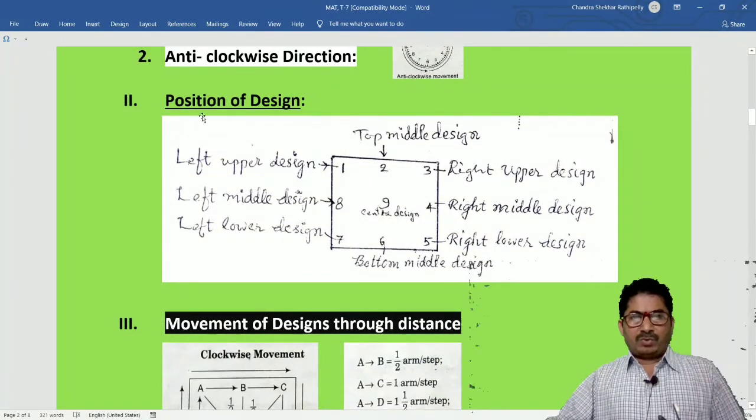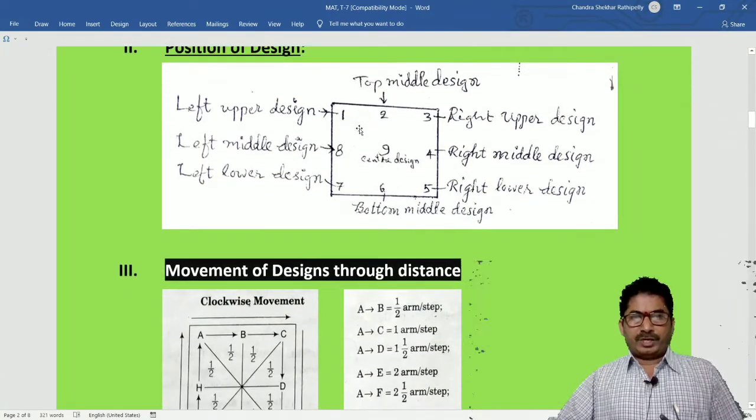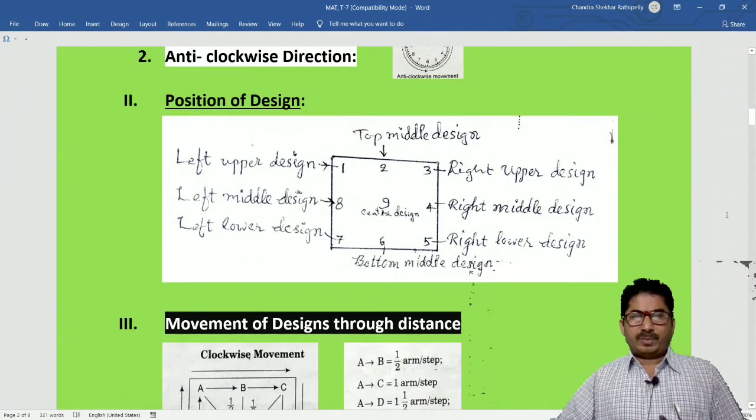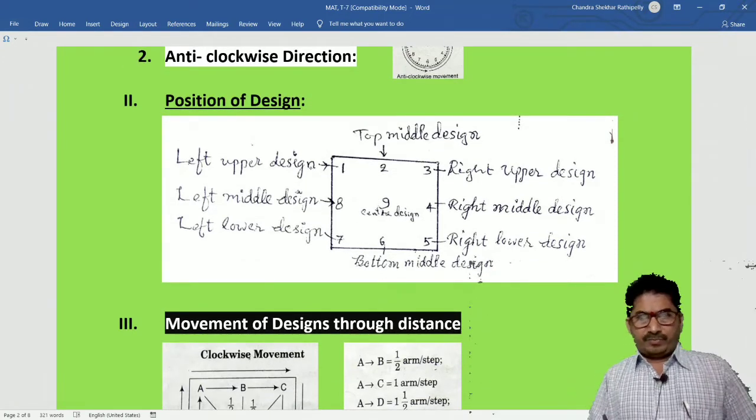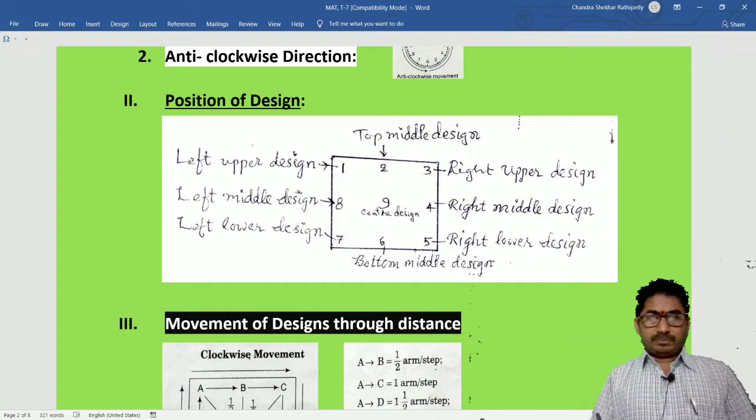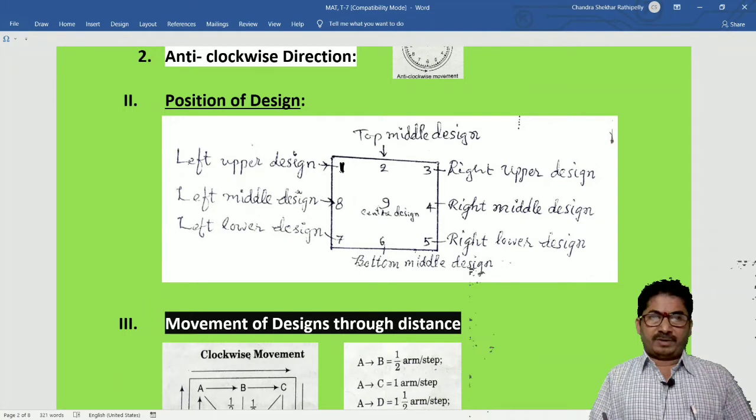Next, we have to know about the position of design or position of items. First one. So what do we call this position in this figure? This is left upper design.